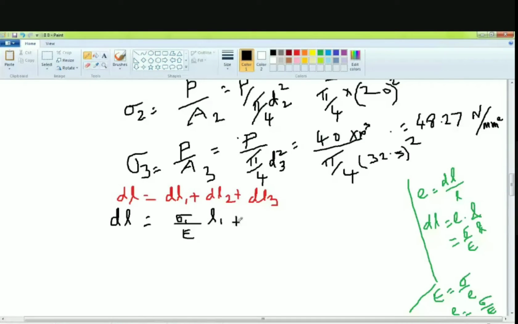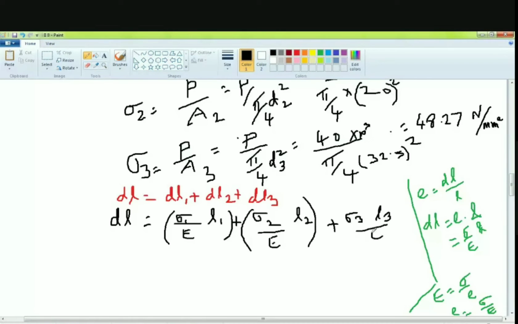So E only. This is the first one, DL1. What is DL2? Sigma 2 L2 by E. In exam time, within one step we can find everything easily. We don't want to waste our time finding DL1 first, DL2 second. I can write everything in a single step. Check here how I am writing that one. L3 by E.